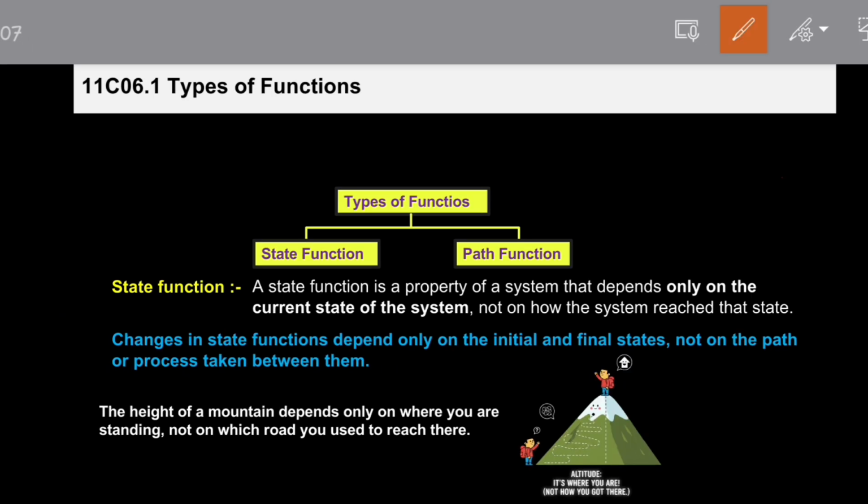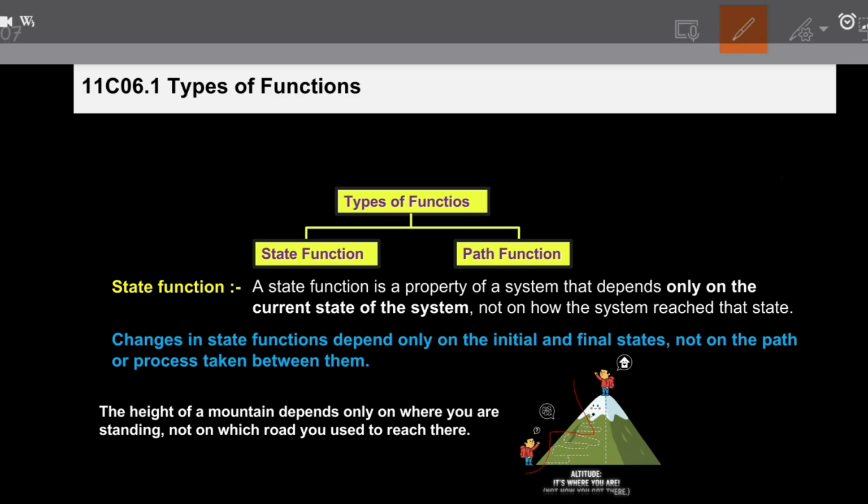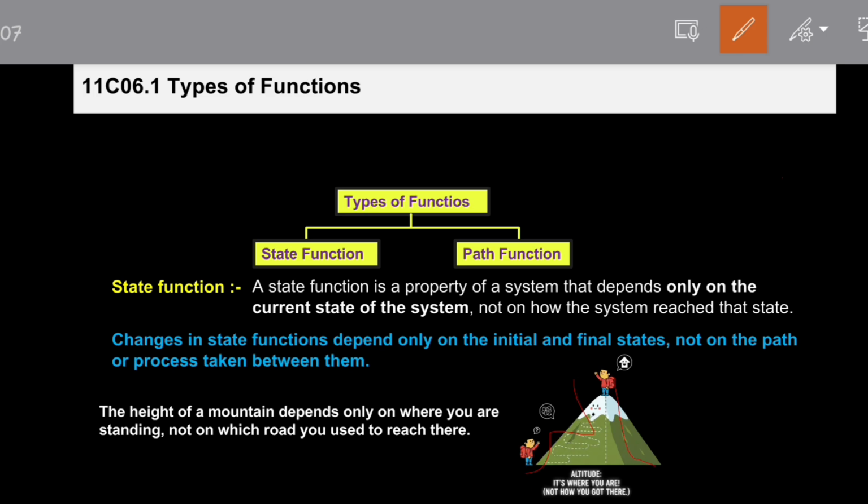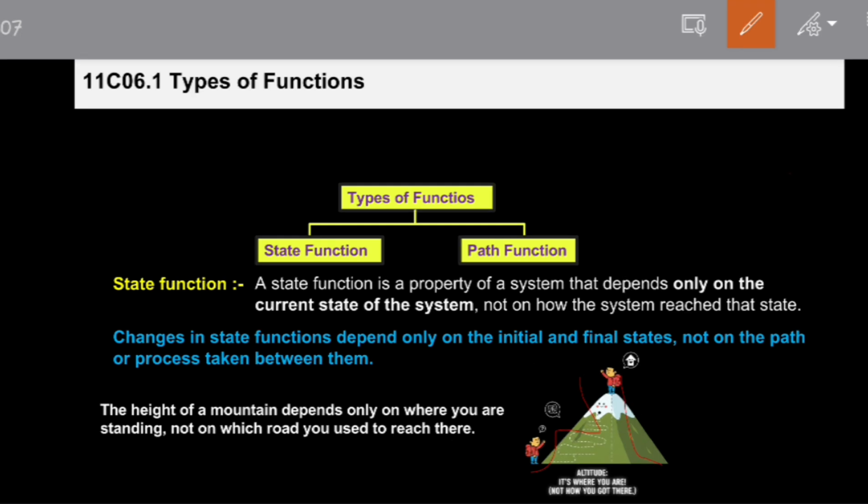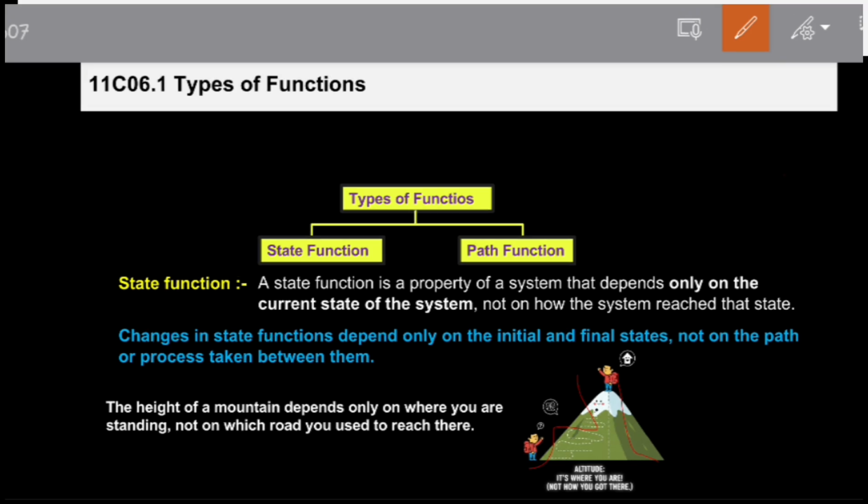For example, the height of a mountain depends only on where you are standing, not on which road you use to reach there. You can choose this zigzag line or this straight line for reaching the top of the mountain. The height of the mountain never changes by changing the route to reach the top. So the height of the mountain is a state function. Let's understand state function with another example.